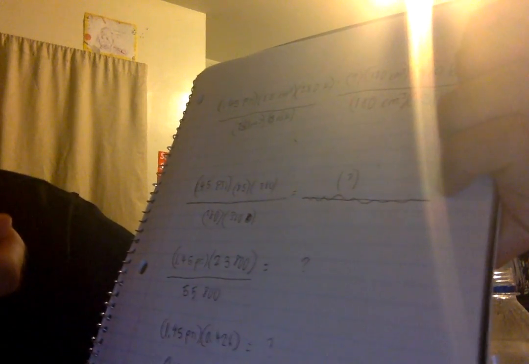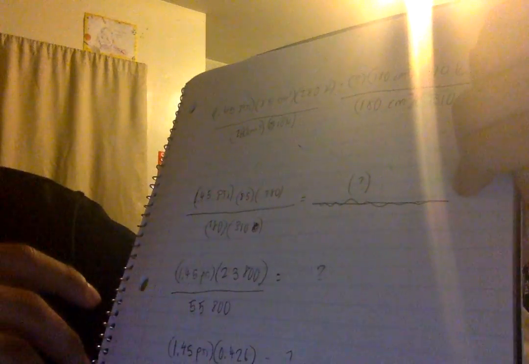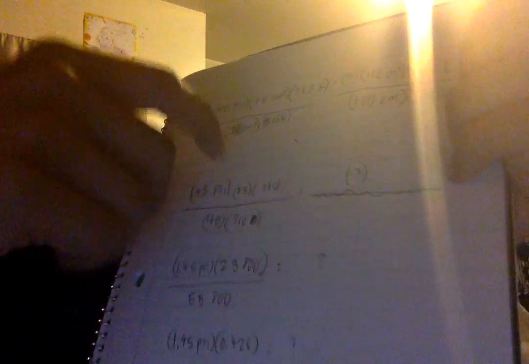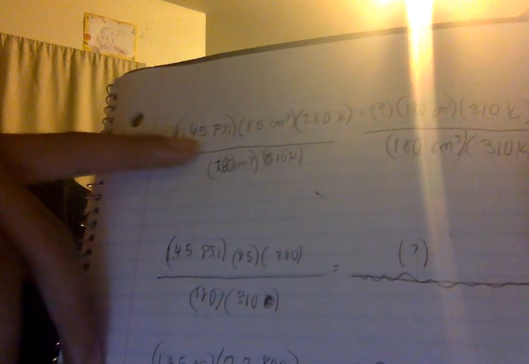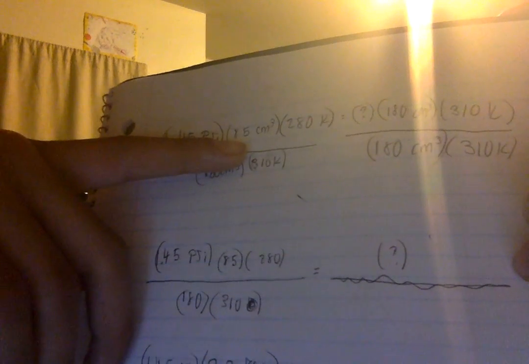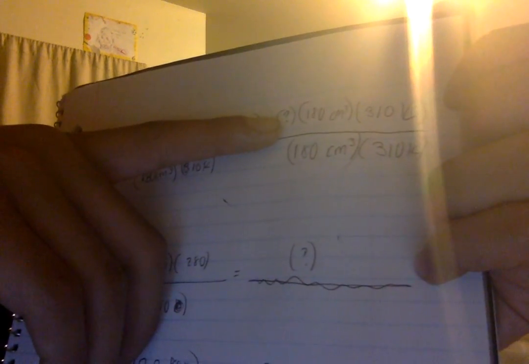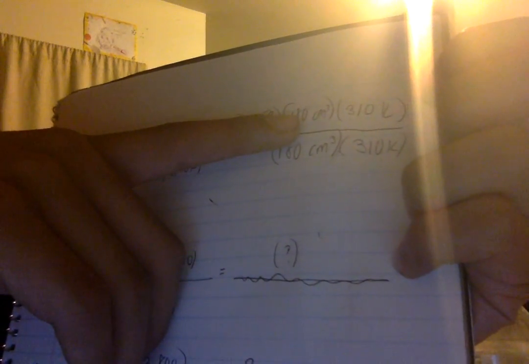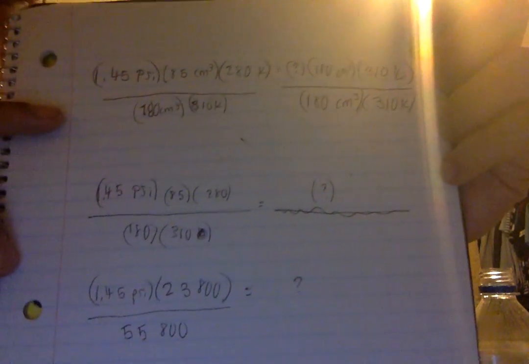Once you finally multiply across, the top line here is the result of that: 1.45 psi times 85 centimeters cubed times 280 K equals the question mark times 180 centimeters cubed times 310 K. You might be thinking, how do you solve for the question mark?